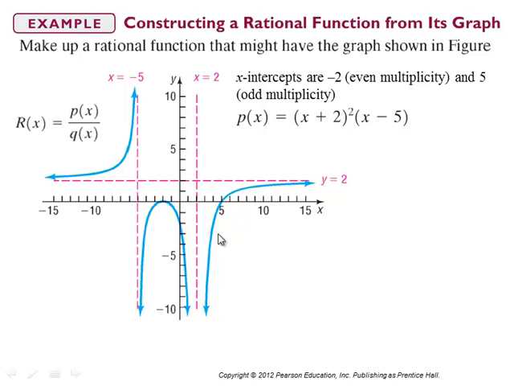And because the graph crosses at the x-intercept of 5, that means that x minus 5, or (x minus 5) cubed, with 5 having an odd multiplicity, you could go with 1 or 3 or whatever, but let's just go with x minus 5.